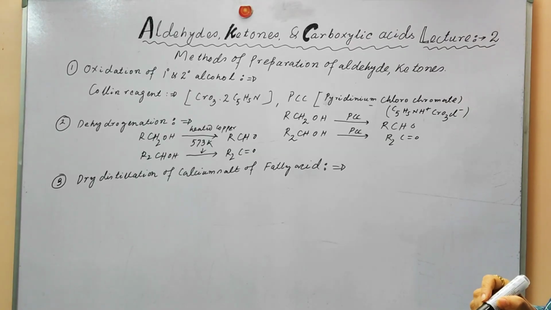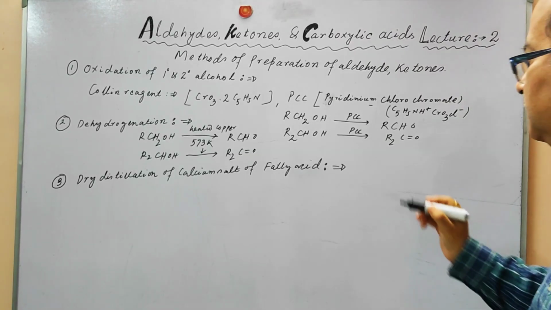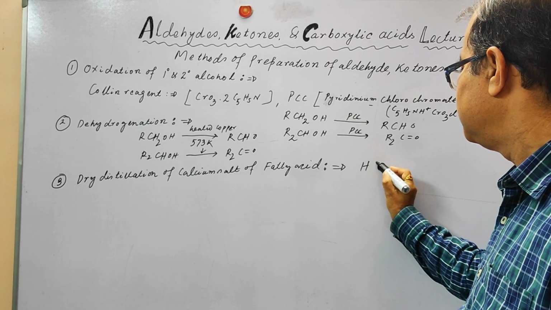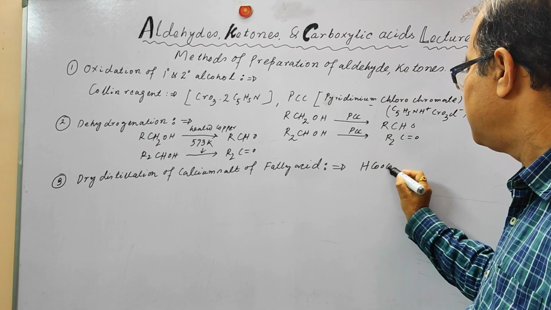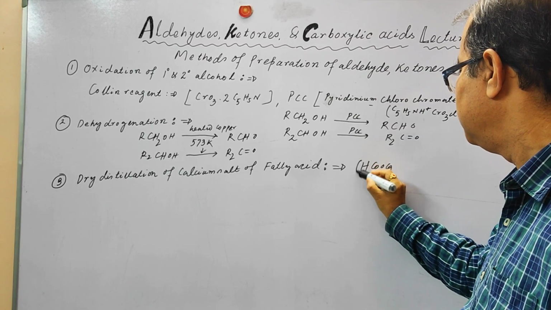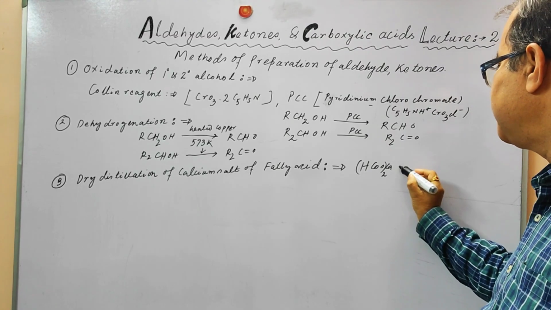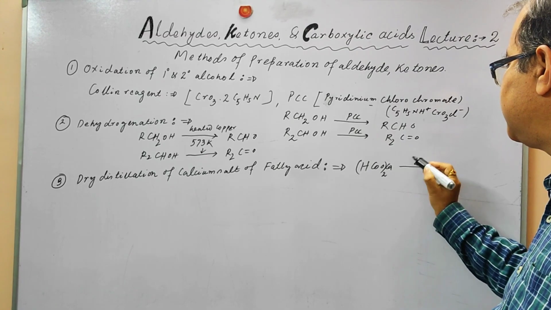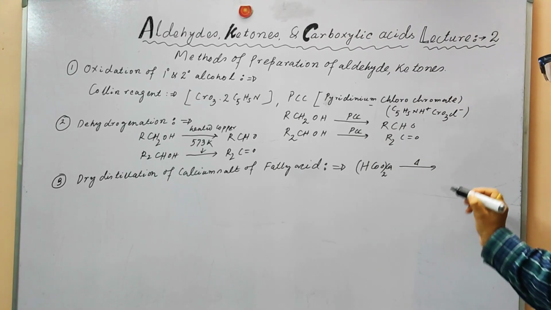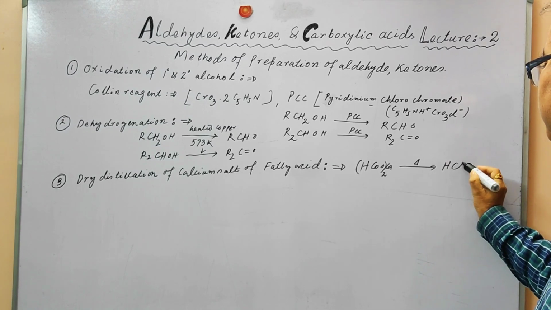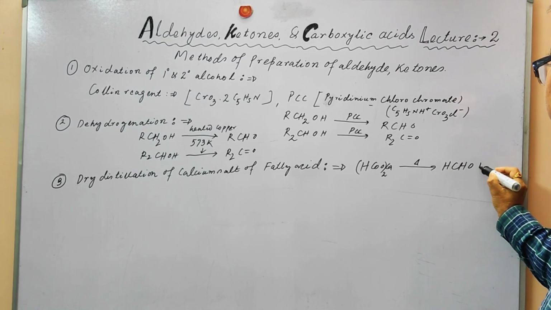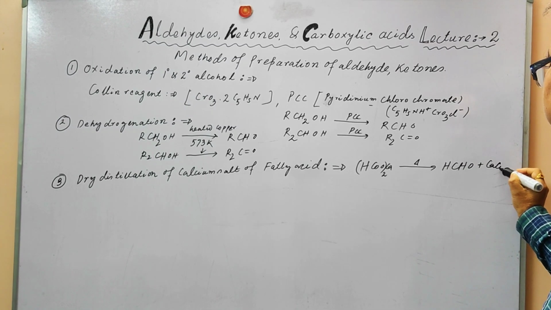In this process, suppose we are taking the salt calcium formate, and when we dry distill it, it will produce formaldehyde and CaCO3.